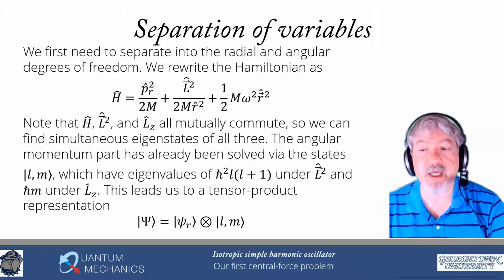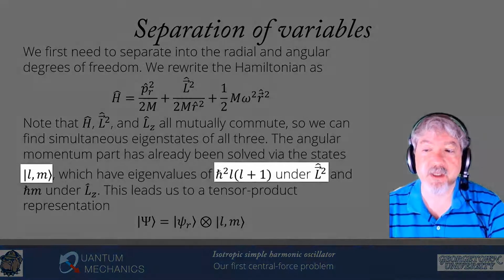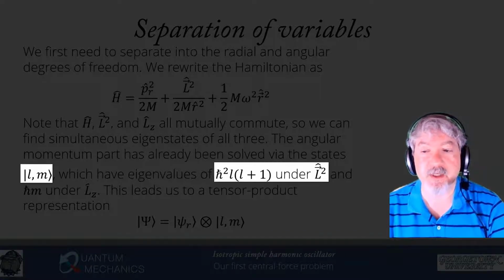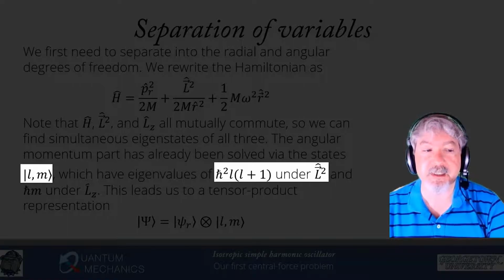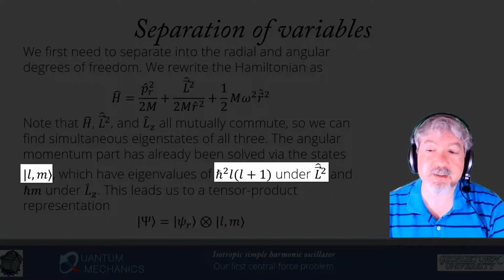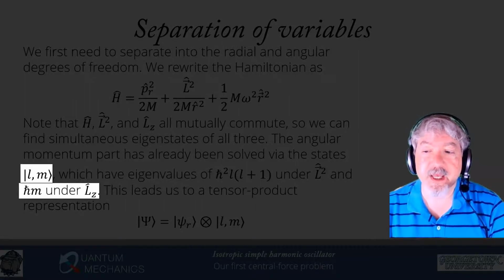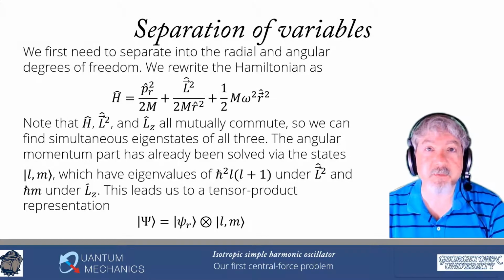So we're going to label our eigenstates by energy, by the eigenvalue of the square of angular momentum, which has eigenvalues h bar squared L times L plus 1, where we typically pick L as the label, and for Lz, which has eigenvalues h bar m, we typically pick m. As you recall, we've worked out the angular momentum eigenstates.